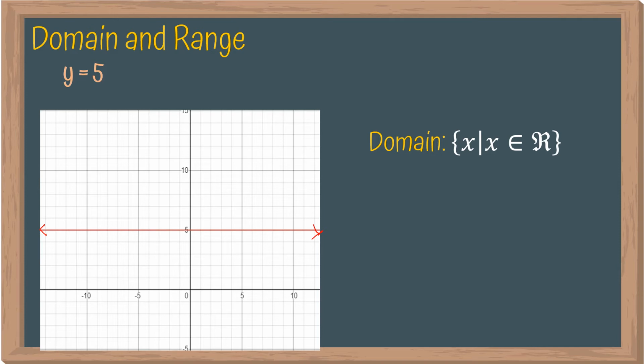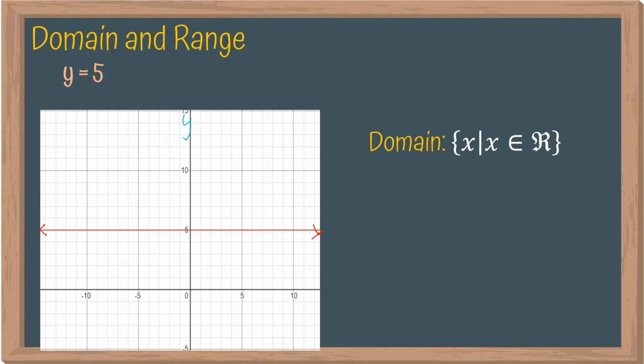Ayan. So ang graph natin is a horizontal line. If we are going to look at our y values, we will observe that whatever the value of x is, there will be a constant value of y for this example.